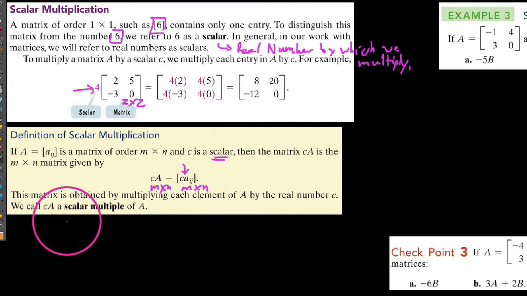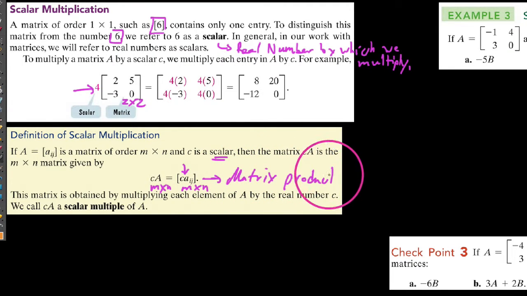We say that CA is a scalar multiple of A, and one thing we want to make sure we note is this: a scalar multiple is a matrix. So you get a matrix product of a scalar multiplication.